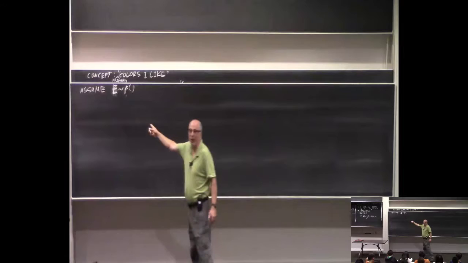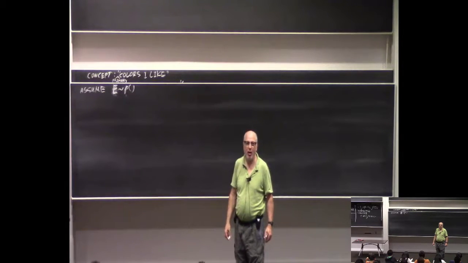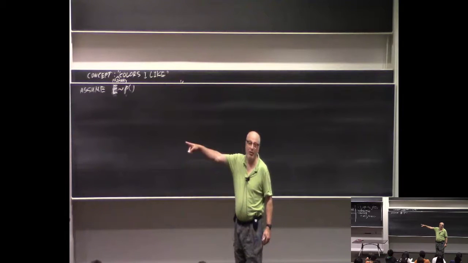Now, in this world where I know the truth, I'm going to ask, what is the expected value of the surprise of this poor fellow over there who doesn't know the truth?